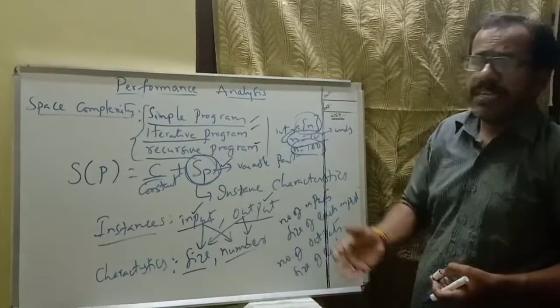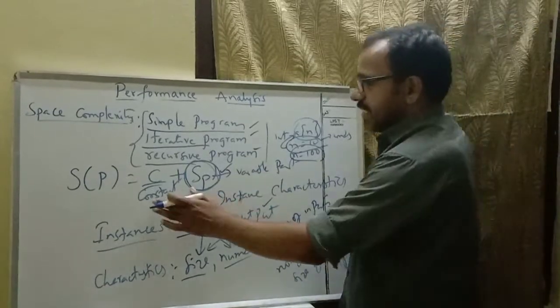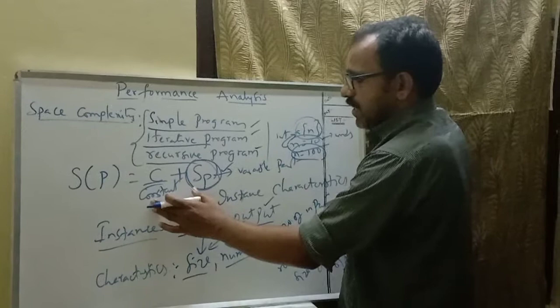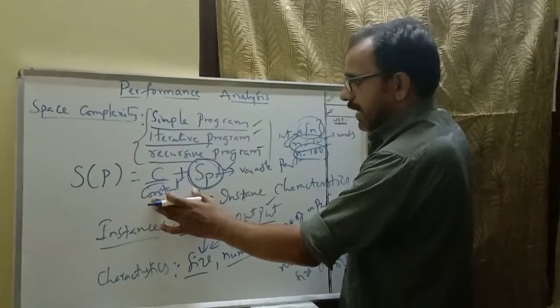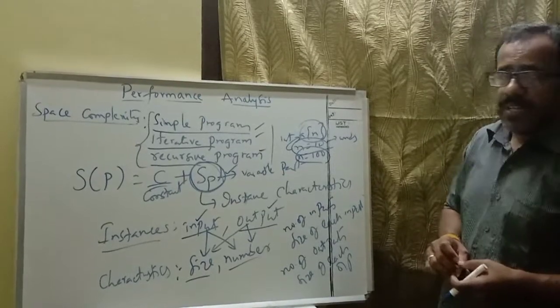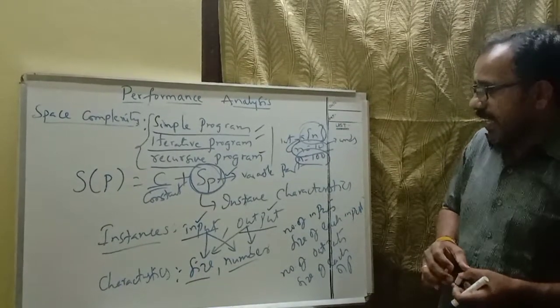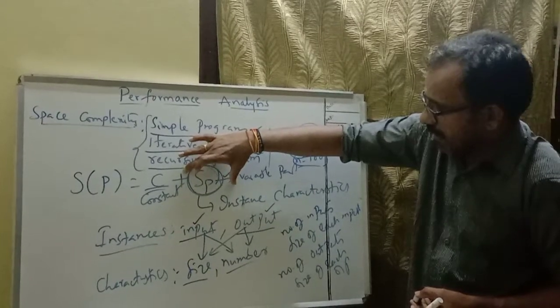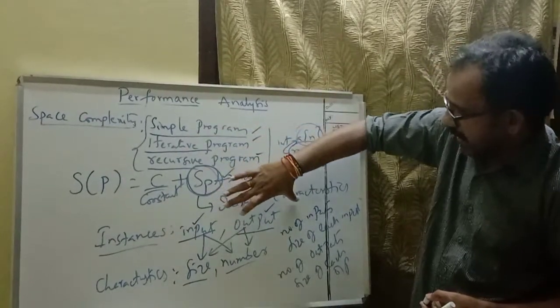Anyway, we need to calculate both the items. First item: at the compilation time itself, we get the total space required to store the constant part. But at running time only, we know the running time parameters related space. But this running time space complexity, or variable part, or variable space, is depending on instance characteristics now.